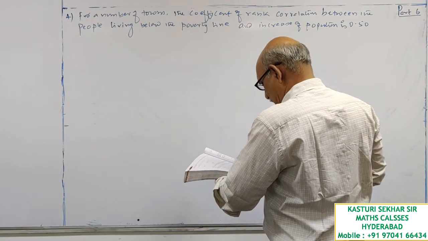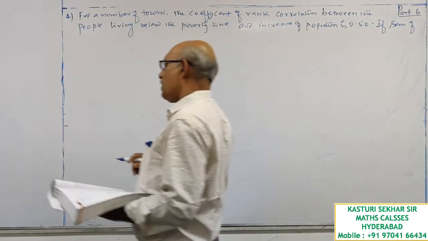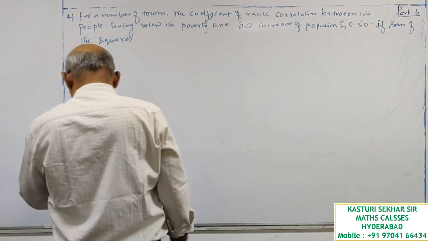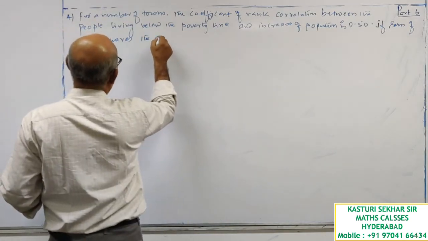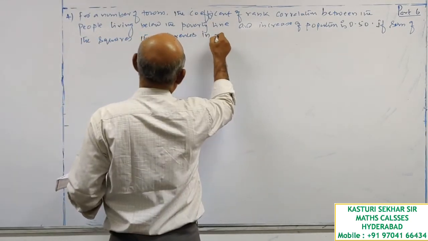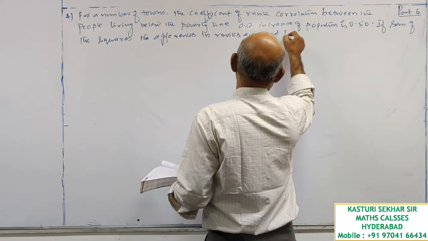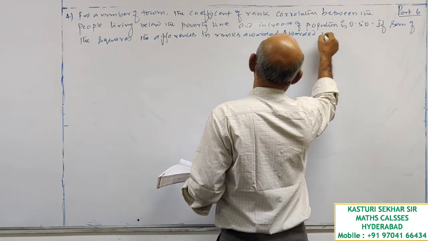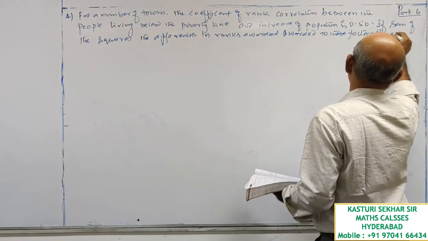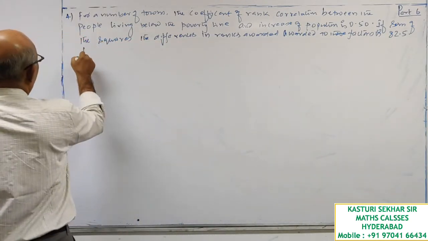0.50. If the sum of the squares of the differences in ranks awarded to these factors is 82.5, find the number of towns.